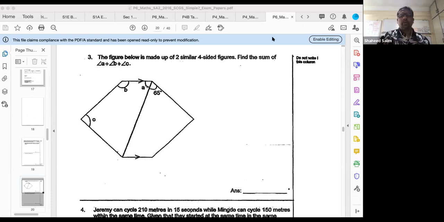Clue. Well done, Darwish. Find the question mark one first, then you can do.